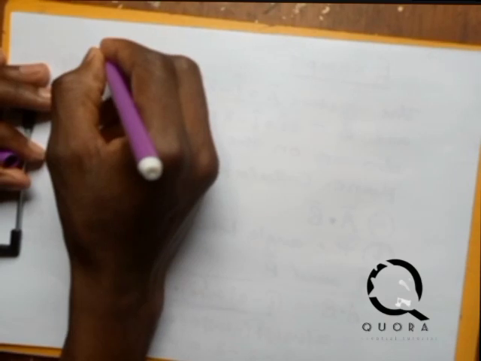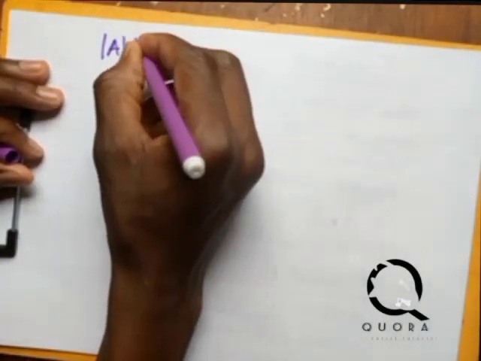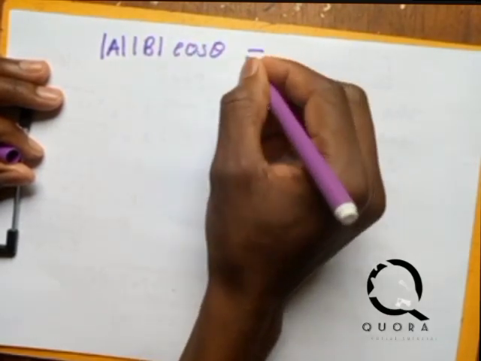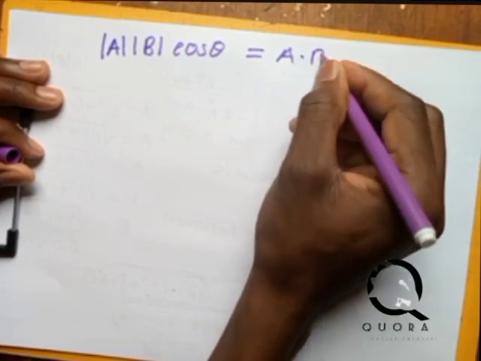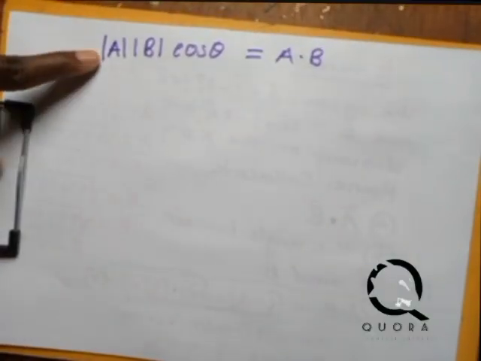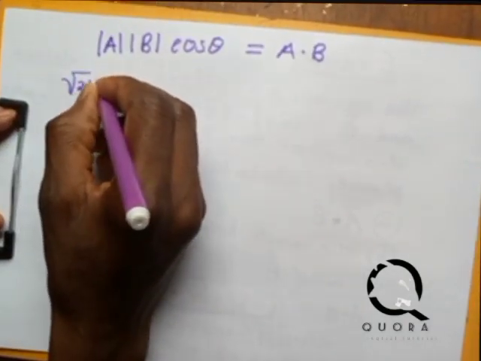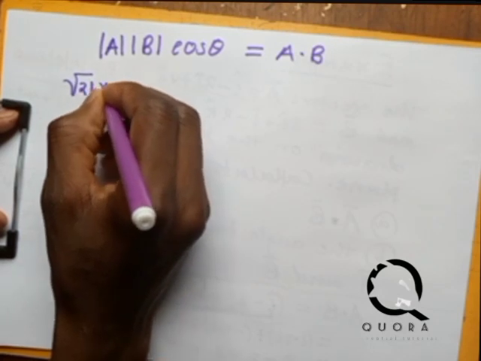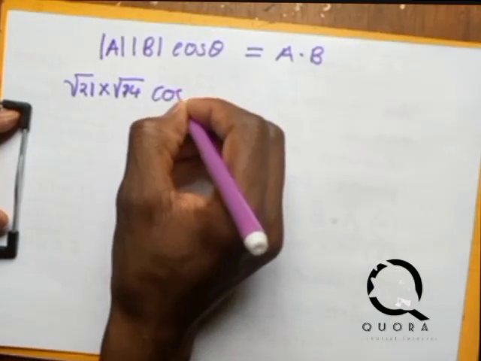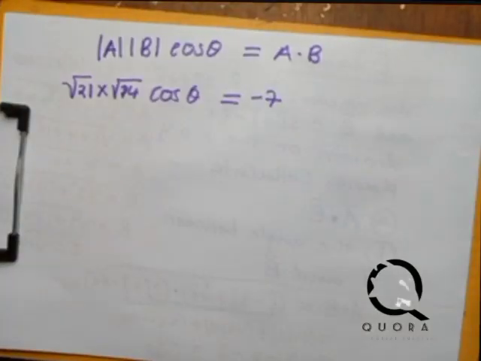So remember, this formula can also be written like the magnitude of A, magnitude of B, cos theta will be equal to A dot B. It's just one and the same thing. What is the magnitude of A? We said it has to be root of 21, multiplied by root of 14 cos theta equal to negative 7.